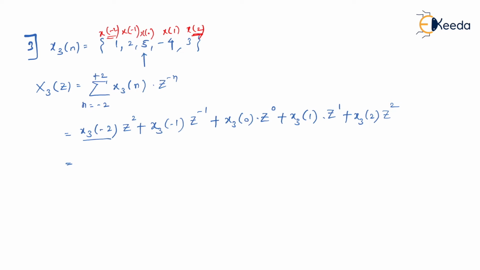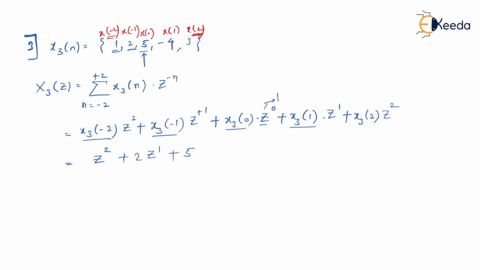Look at the value of x3 of minus 2. It is 1, so it is simply z squared. x3 of minus 1 is 2, so 2 z to the power 1. Plus the value of x3 of 0 is 5, so it is simply 5, since z to the power 0 is 1.